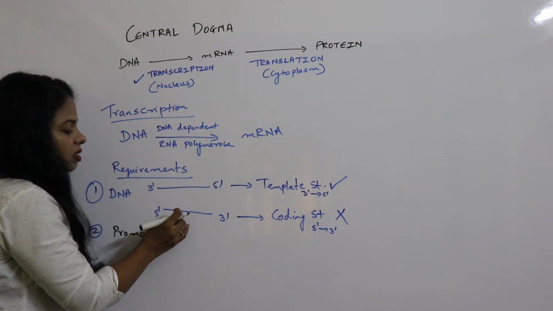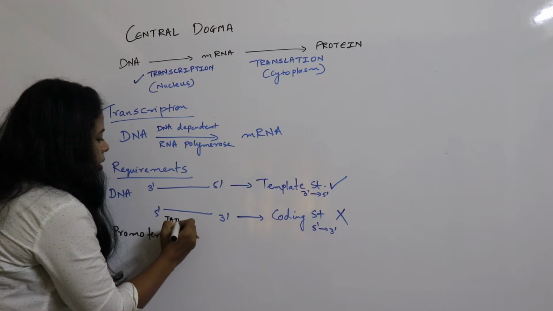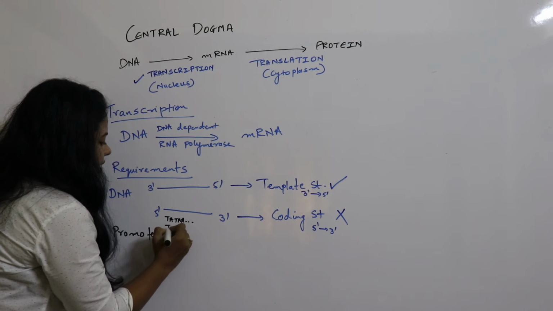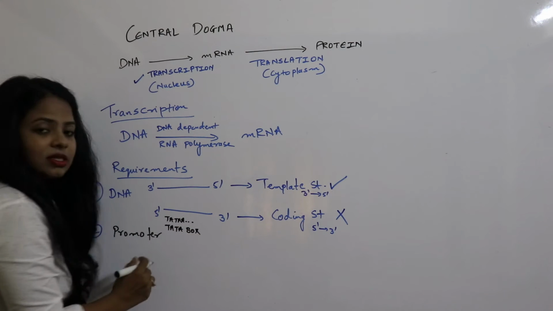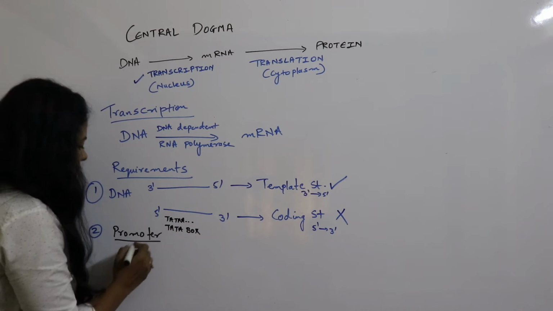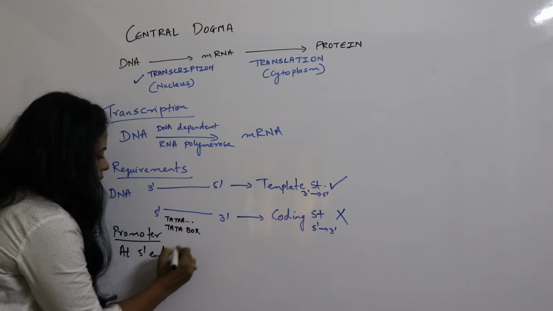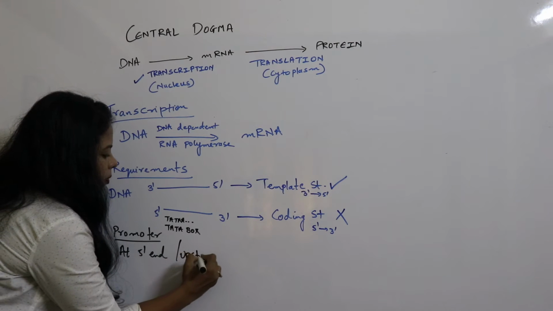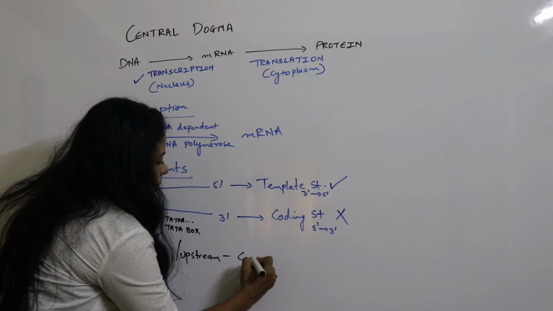Now this sequence of DNA has TA sequence, therefore it is called as Tata box. So this sequence of DNA, that is promoter, it is present at 5' end, that is upstream of the coding strand.